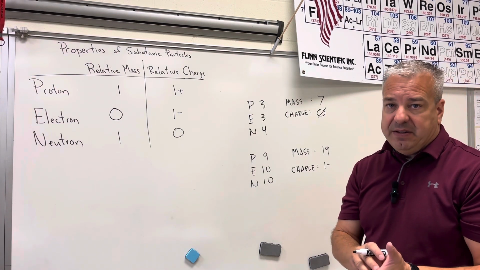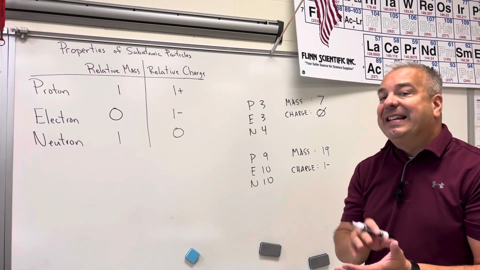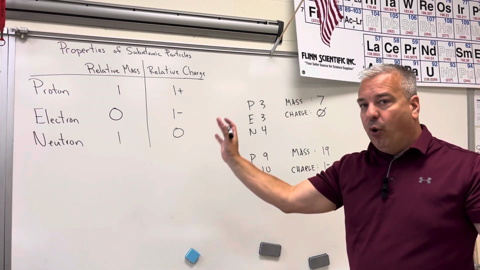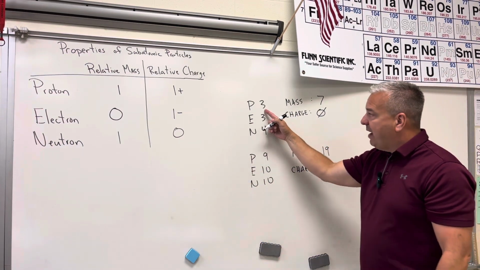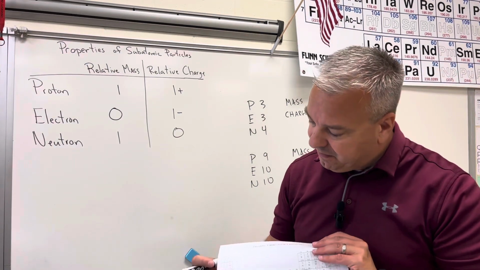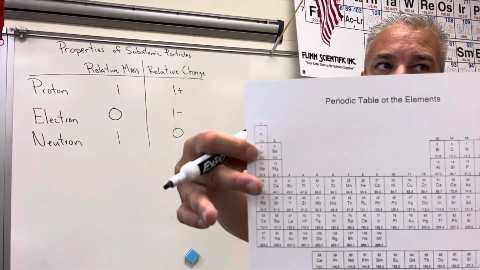First thing that I'd like you to write down, maybe in your notes, is that the identity of the element is based on the number of protons. Say that one more time. The identity of the element is based on the number of protons only. So in this case, we got 3 protons. If I look up on my periodic table, the thing that has a 3 is going to be lithium.